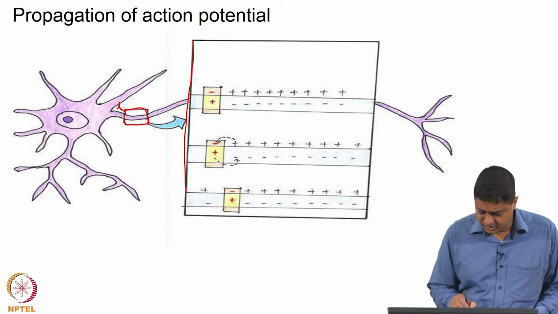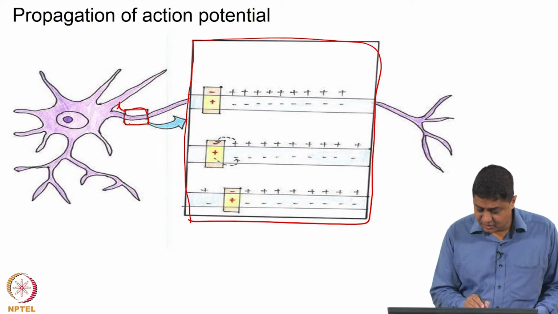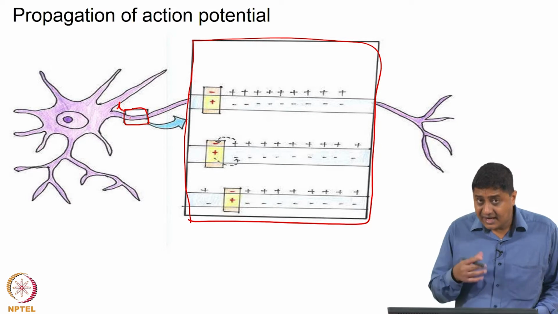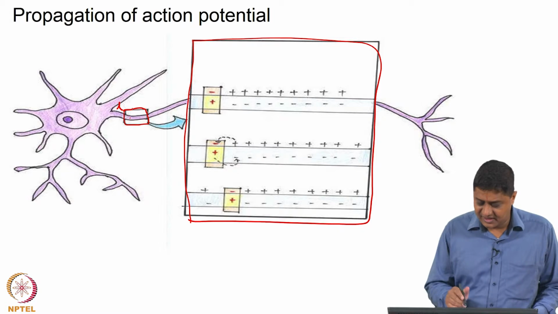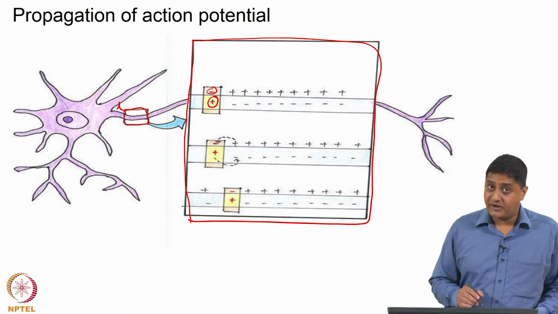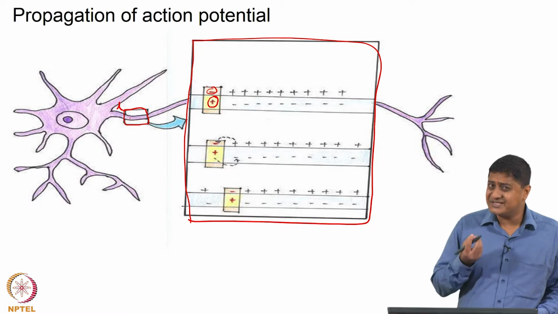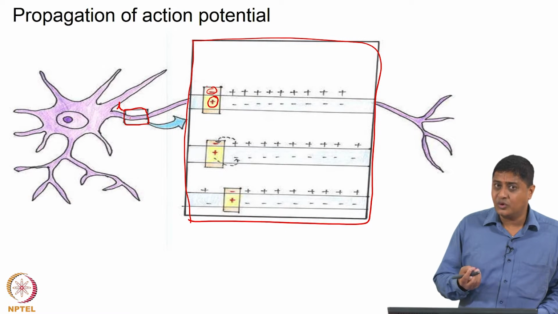When we zoom out, in that region a relatively small area becomes positive, like this. When compared with the outside, the inside is more positive. Let us remember that this is a transient event. This is going to go back to inside negative very soon.